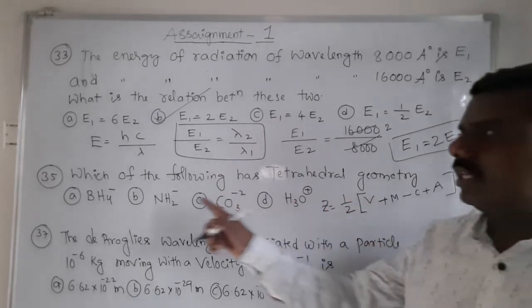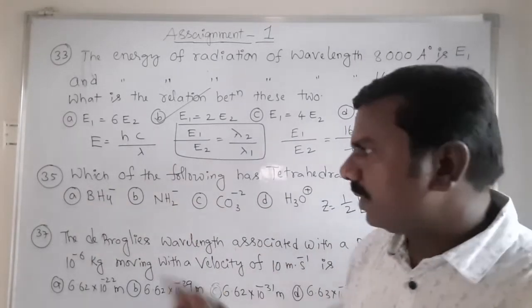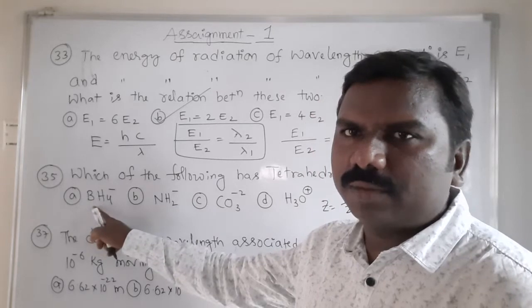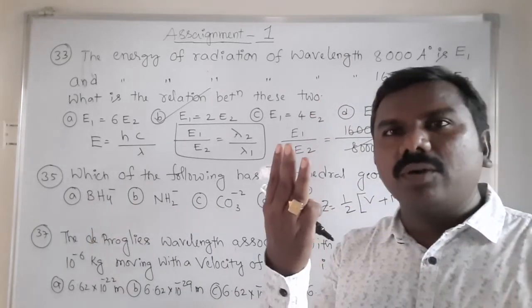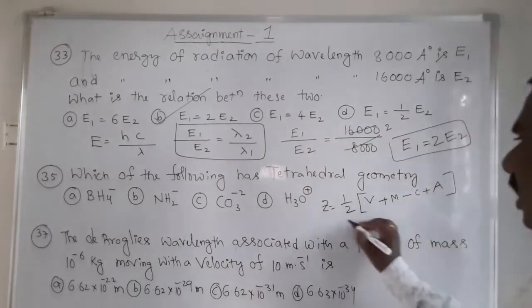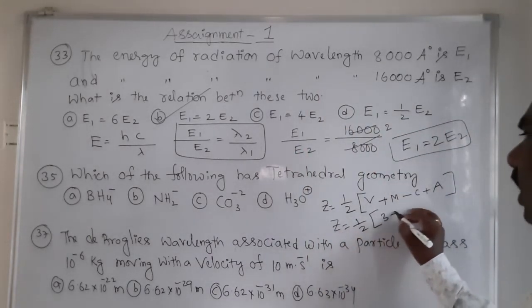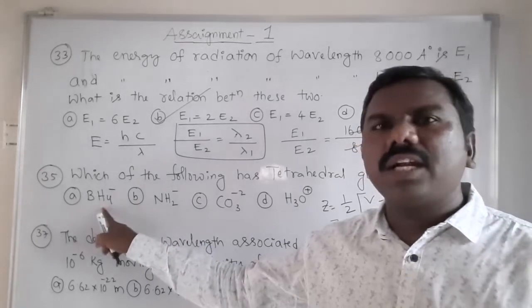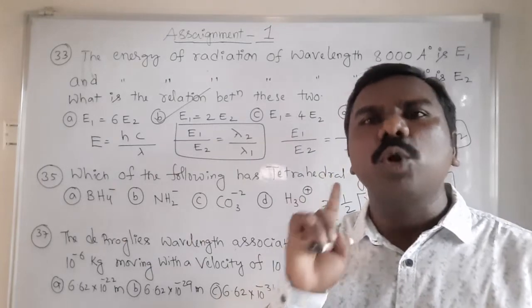Valence electrons in the central atom boron. I am taking the first option and verifying. Central atom boron in the first option. Boron has 3 valence electrons because it is a third group element. Then Z is equal to half into 3 plus monovalent atoms, 4 hydrogens. Hydrogen forms only one bond, that's why monovalent atom.